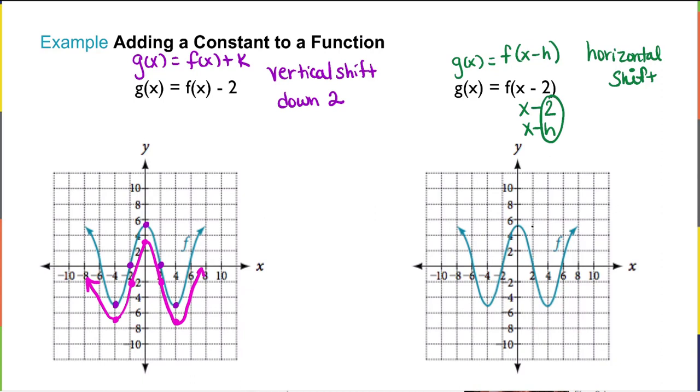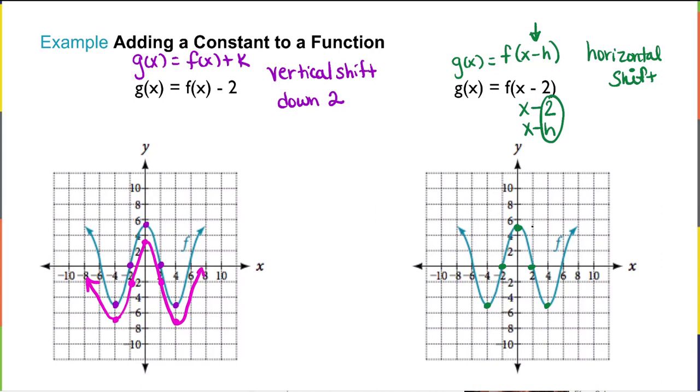So here's the deal. If you see a minus sign for a horizontal shift, x minus h, that's a shift to the right. And if it's a plus h, it'd be a shift to the left. So for this one, it looks like it's opposite. Okay, so every point is going to shift. So I'm going to take several points, and we're going to shift to the right 2.